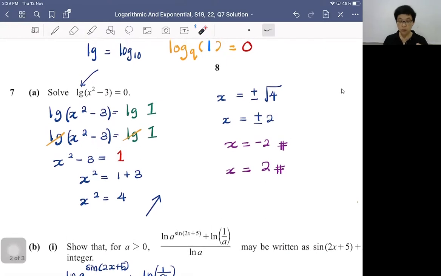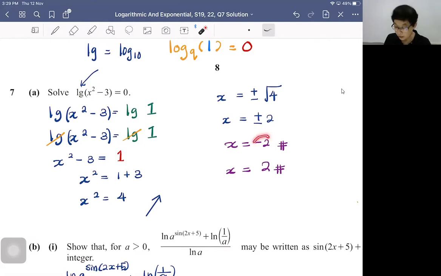Now, let's do what we usually must do before we present the final answer. We must take the x values respectively and test them in the original equation.